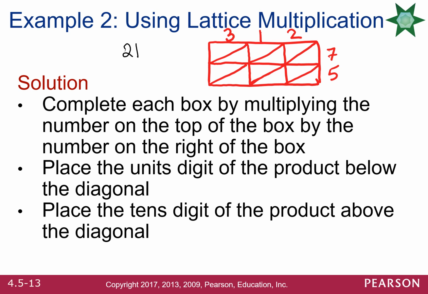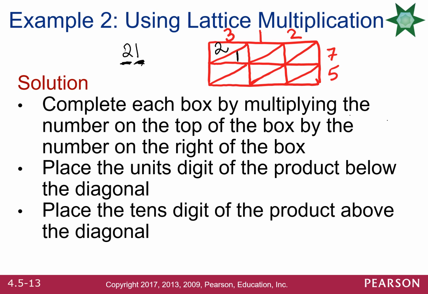However, the 1, which is the units part of the number, should be placed below the diagonal. So it's going to be like this. It's going to be 1, and the 2 is going to go on top. The tens digit is going to go on the top portion of the diagonal.